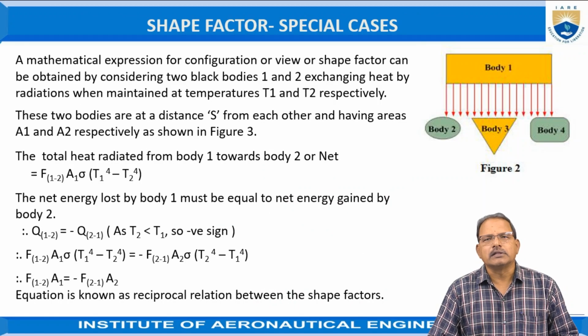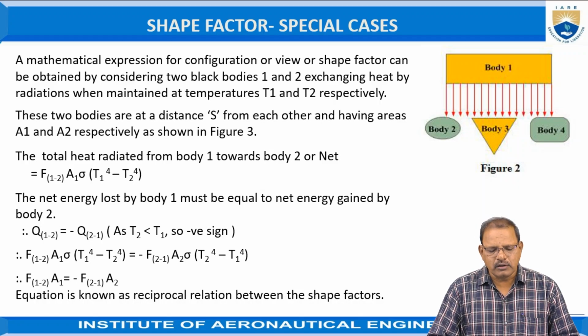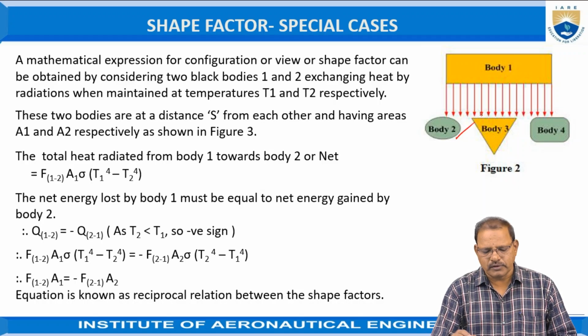Here, a mathematical expression for the configuration, view or shape factor is obtained by considering bodies 1 and 2 exchanging heat by radiation, maintained at two temperatures T1 and T2, as shown in the figure. These two bodies are assumed to be placed at a distance S from each other and have areas A1 and A2 respectively.